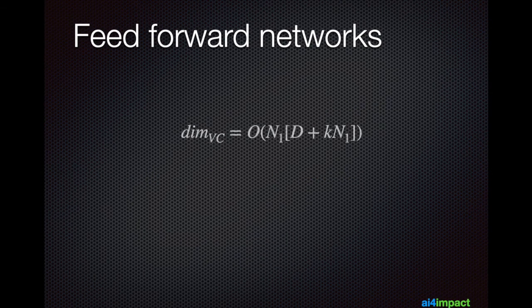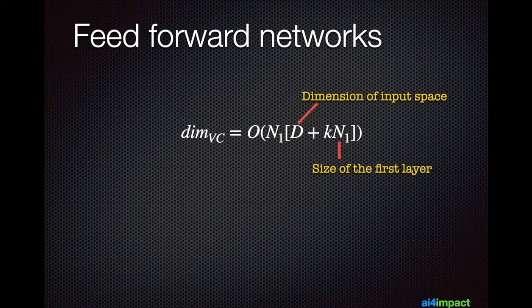We can estimate that the number of weights is the size of the first layer, N1, times D plus K N1, where D would be the dimension of the input space, and N1 again the size of the first layer. K is a small constant and it's usually less than 2 if your shrinking factor alpha is between half and 2/3.